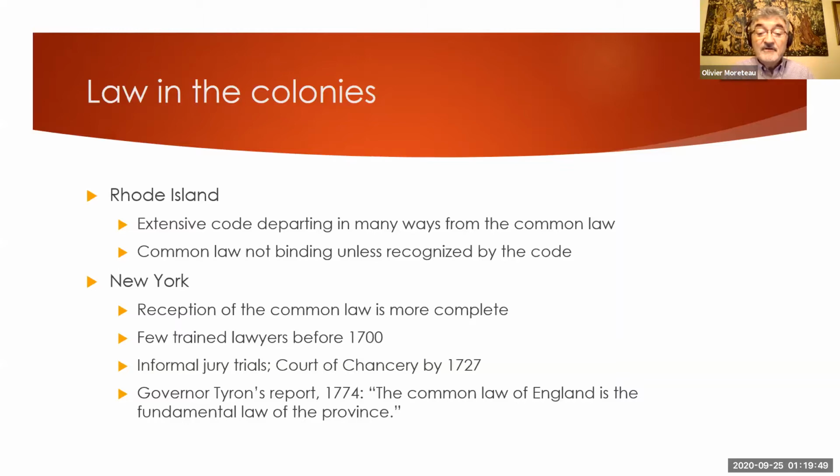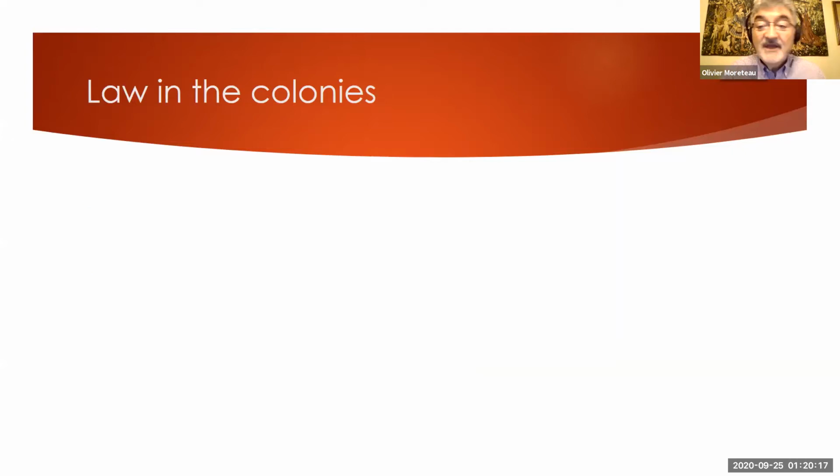A court of chancery was created in 1727, and an interesting document is a report sent to England by Governor Tryon in 1774, shortly before independence. The common law of England, it says, is the fundamental law of the province. You see a very loyalist attitude in this statement.